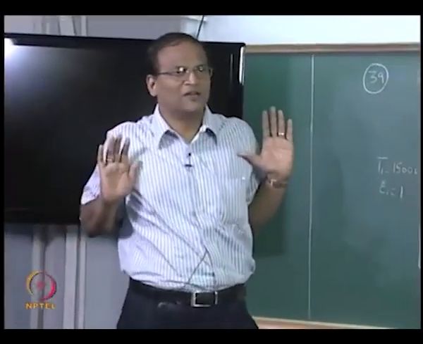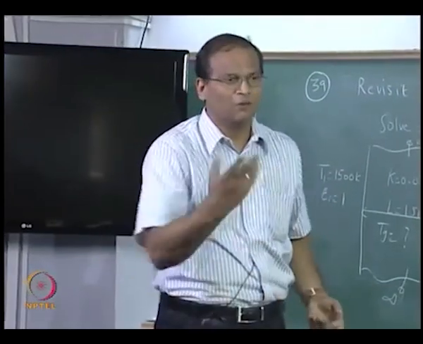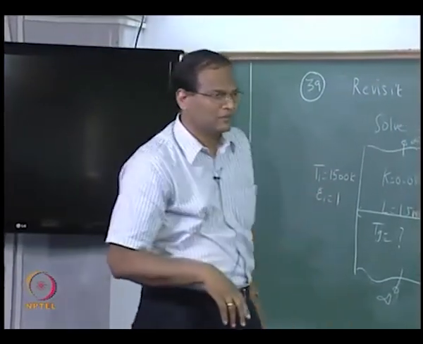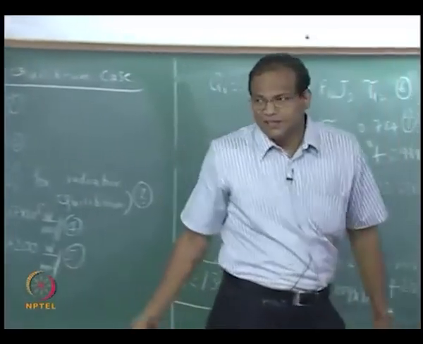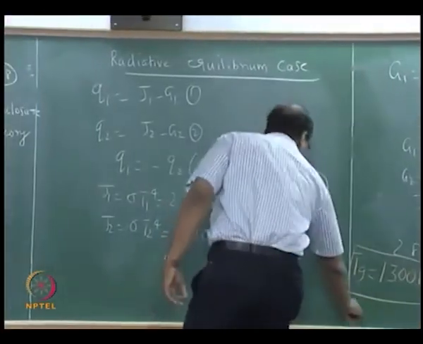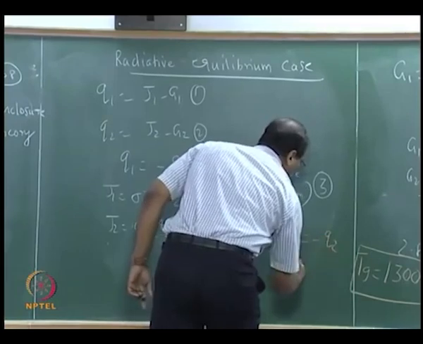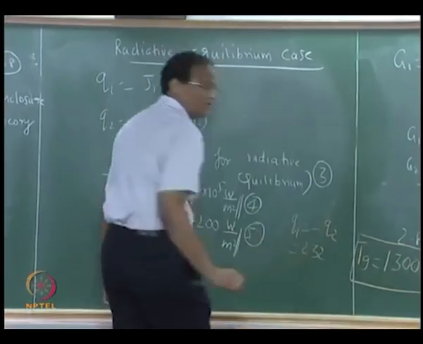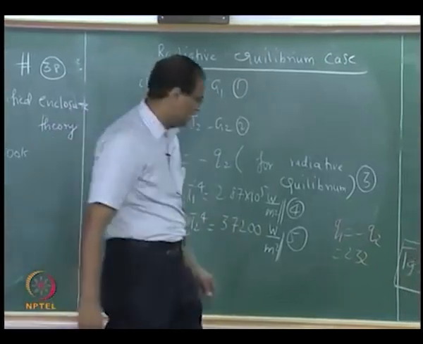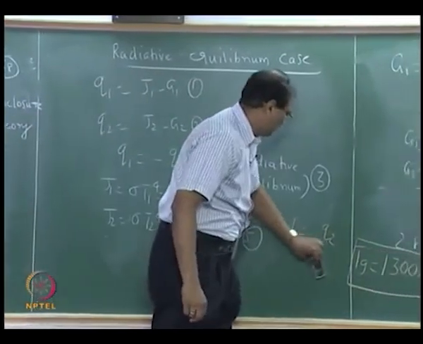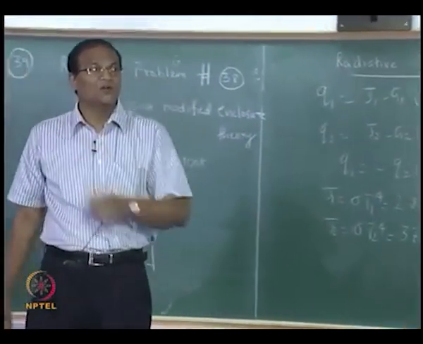Then whatever is coming from the left side will go to the right side. In the absence of the gas, what will be Q? Now what is Q for this now? What is Q1? 232. No, just check. Tell me. What is Q1 for this? 240?